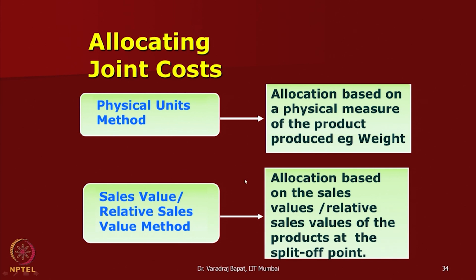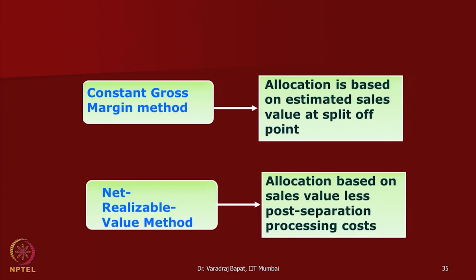Now each of the methods is explained again. In the physical unit method, it is allocation based on some physical measure like weight or based on number of liters and so on. Similarly, it can be done by other methods. There is one more method known as constant gross margin method, where it is assumed that the gross margin is constant and reducing that much of gross profit, the cost is estimated.